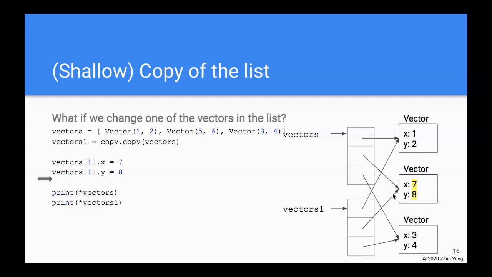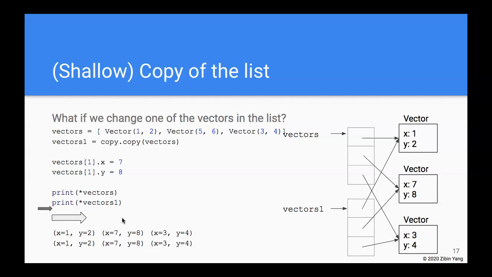Well, because vectors 1 index 1 also points to the same vector instance, you would expect that both of these elements in both of these lists will see the same change. And that is indeed the case here.